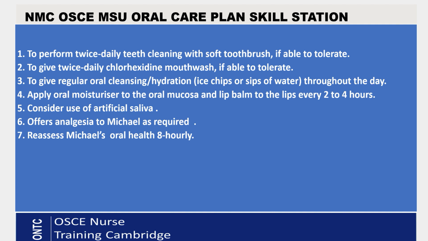And the seventh thing is to reassure Michael and reassess. Reassess the oral health about 8 hourly. If you need to change any of the plan or the inflammation is getting worse, then you can change it. But we need to reassess Michael's oral health every 8 hours. So that's the answer.